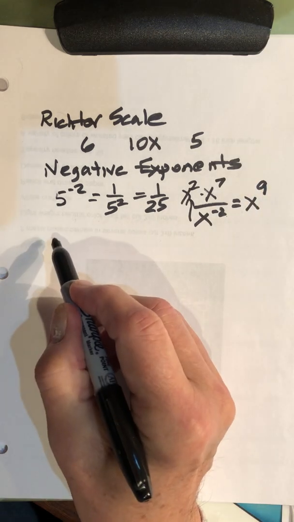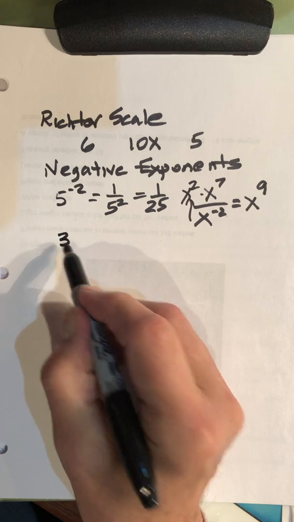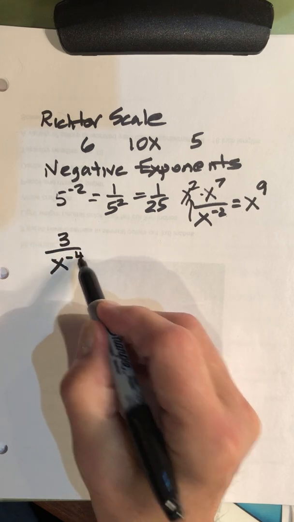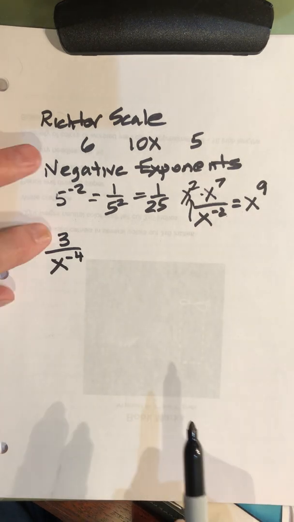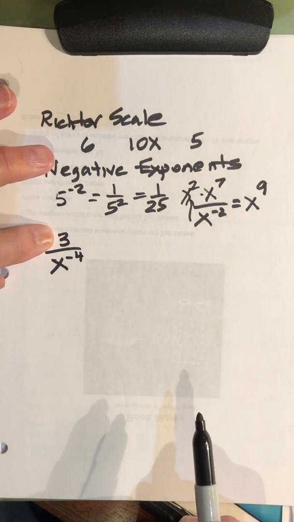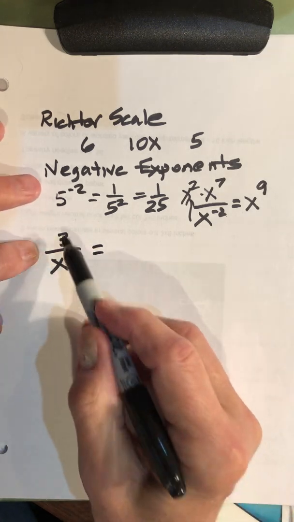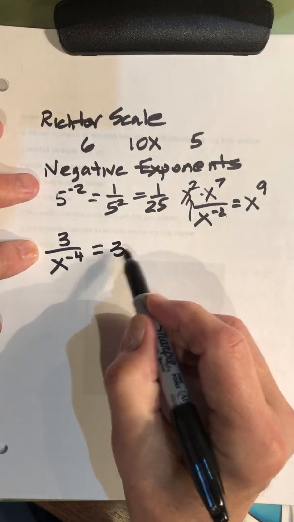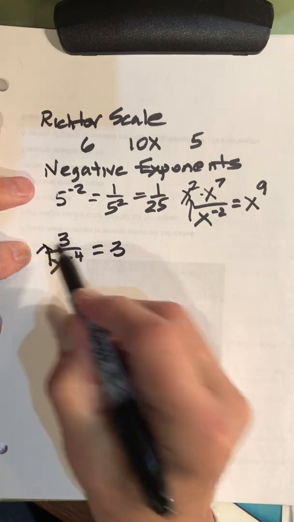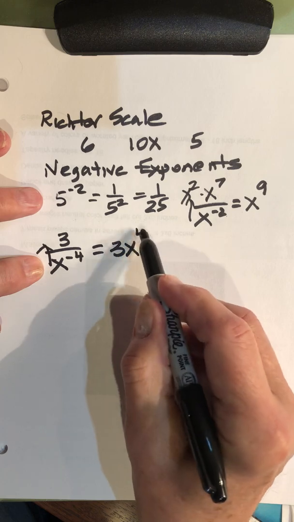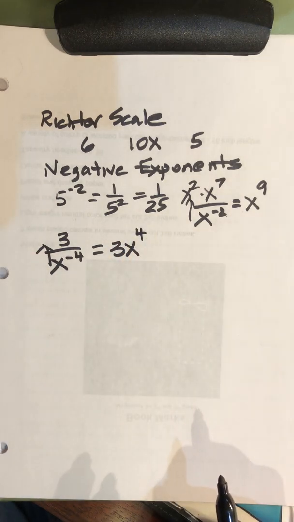Okay, what about 3 over x to the negative 4? Well, the 3 doesn't move. But the x to the negative 4, I have to move that up. When I move it to the other side of the division line, it changes the sign of the exponent, so that's 3x to the 4th.